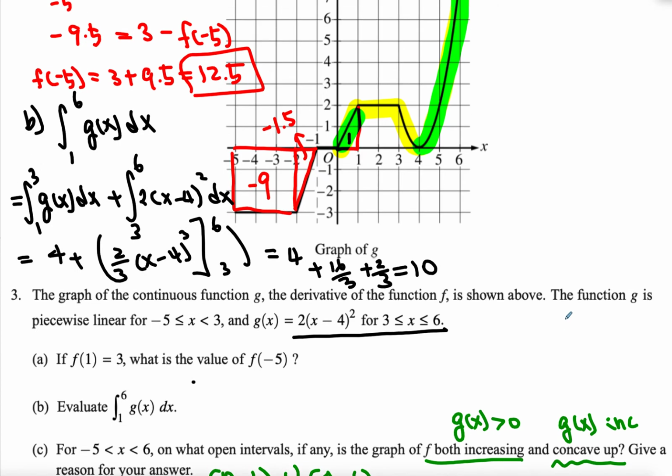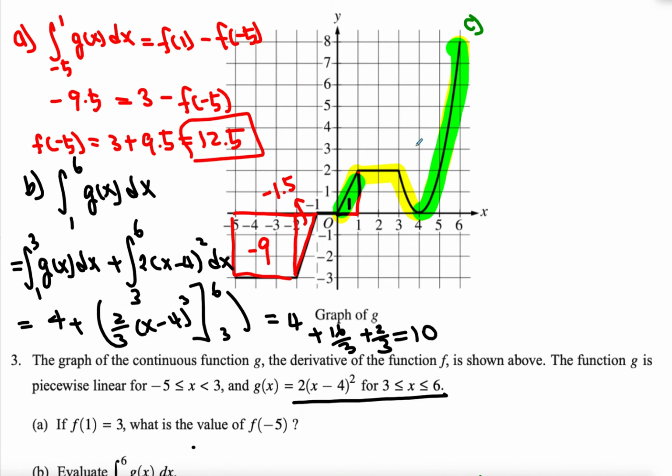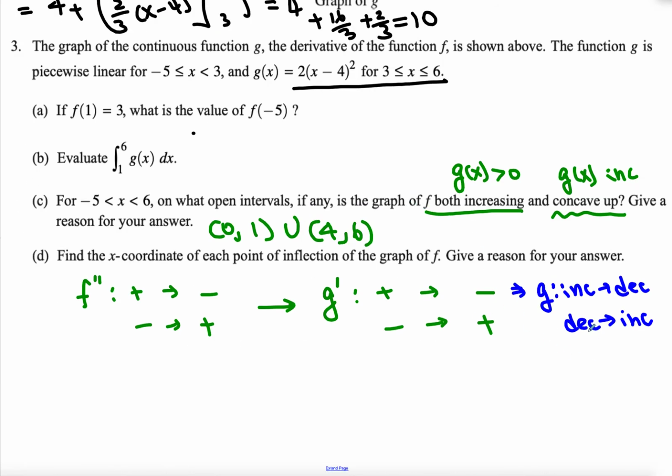So where do you see g increasing and then suddenly decreasing, or decreasing and then increasing? Right over here, when x equals 4. Before x equals 4, g was decreasing, which implies that g prime was negative, which implies that f double prime is negative.